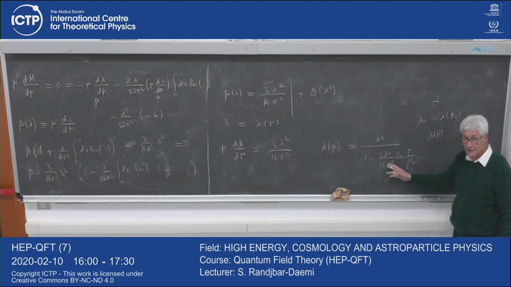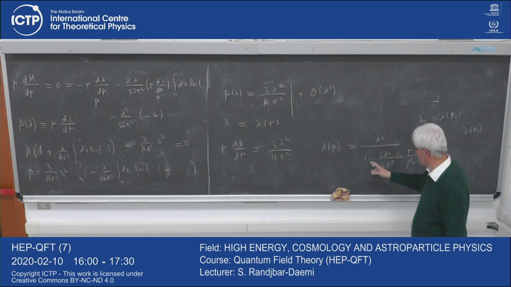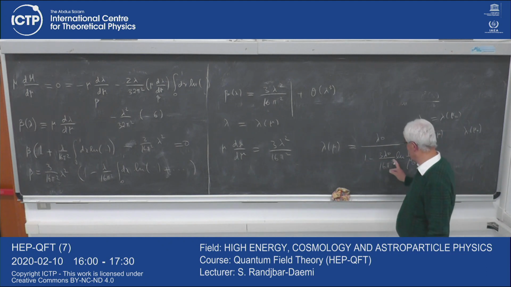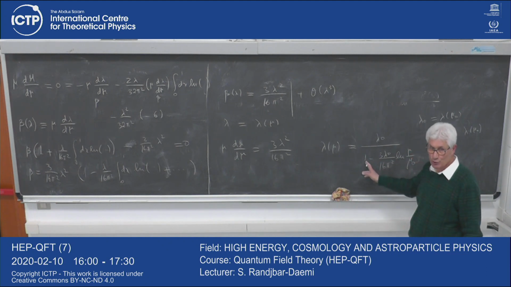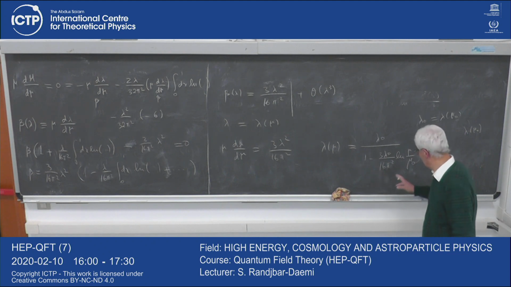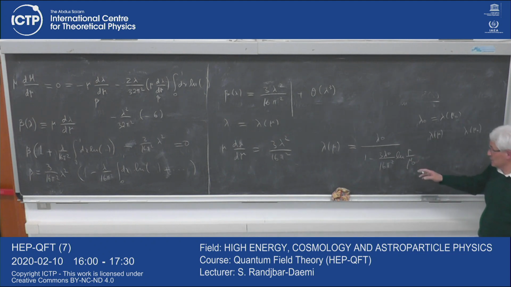When the denominator becomes small, then lambda becomes large. At some point, of course, it will diverge. Where will it diverge? When this equals 1, or when it approaches 1. And that tells you the value of mu at which the perturbation theory will not be reliable.